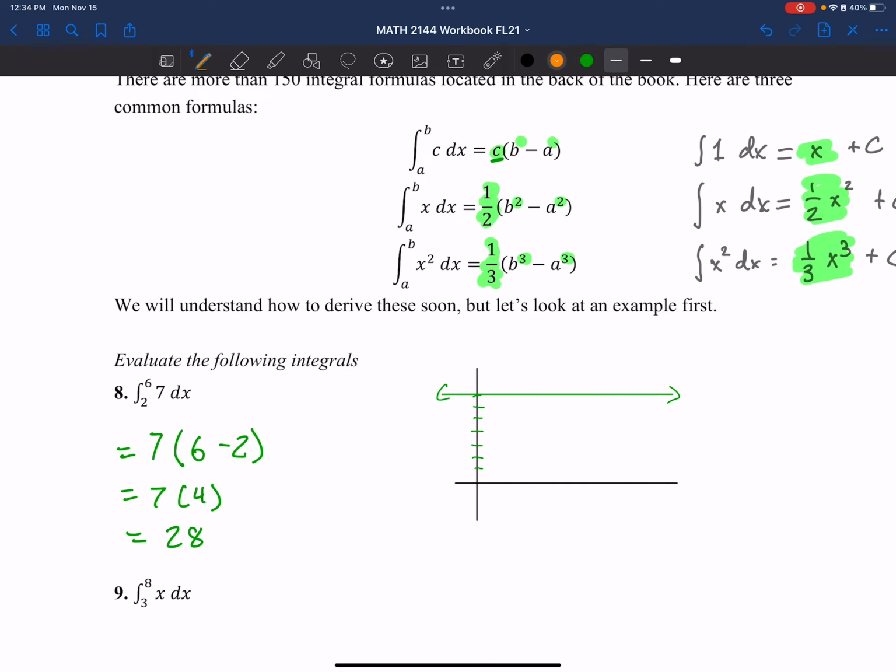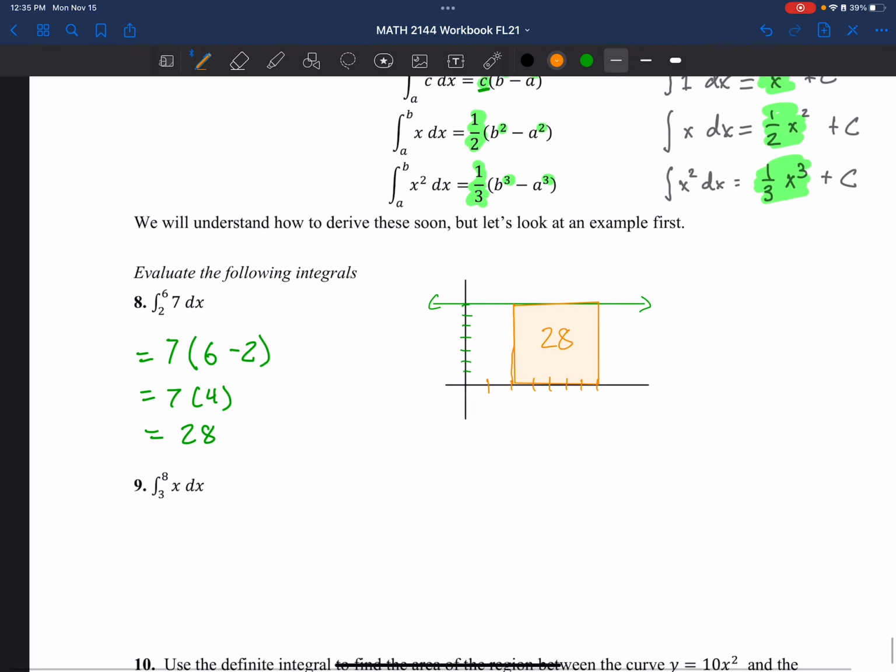If we were to consider from 2 to 6, notice right here, this area is 28. Just want to box it in there. So, any questions on that one?